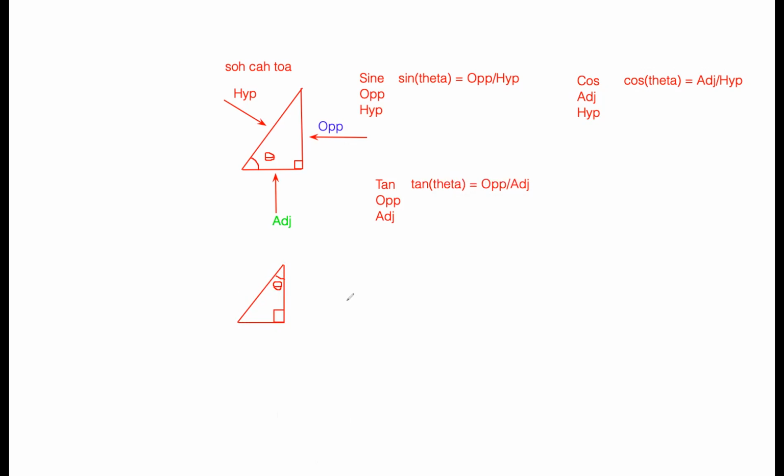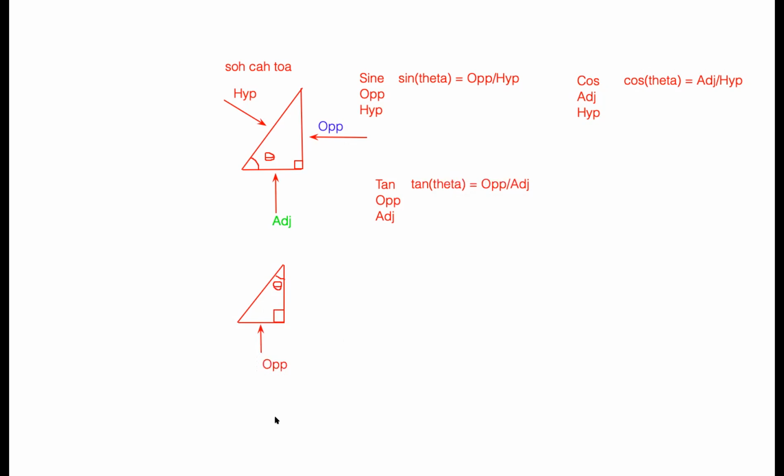Now, the relationships or the sides that are labeled as opposite, adjacent, and hypotenuse will change because now the right side is no longer the opposite. So the opposite side this time would be, in this case, the bottom. This would be the opposite.